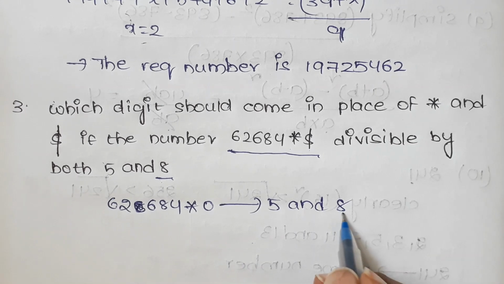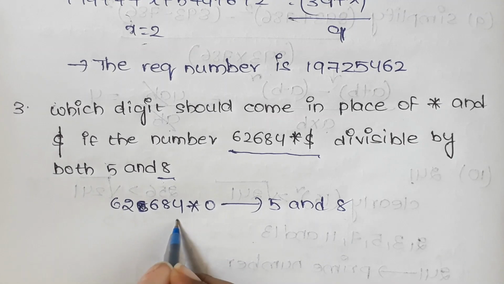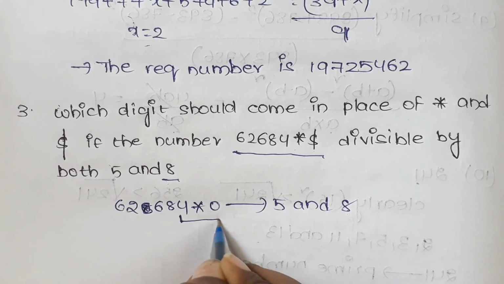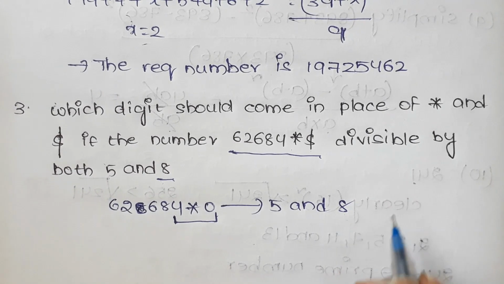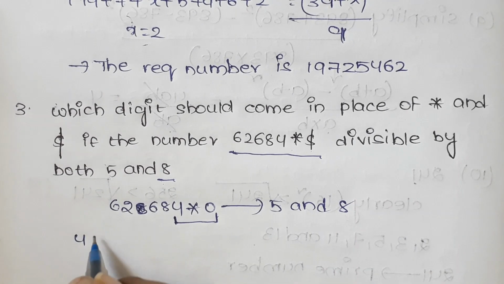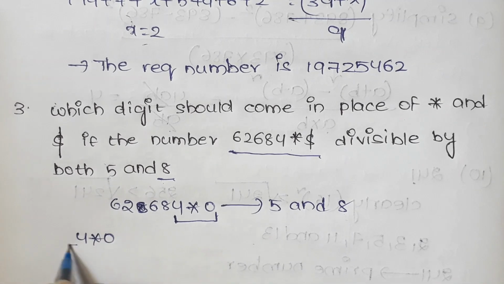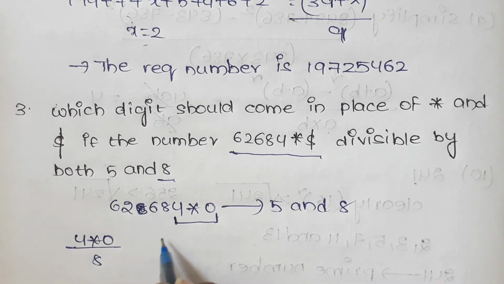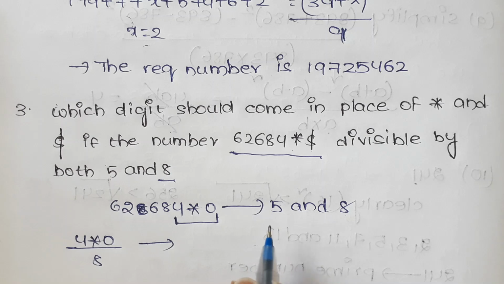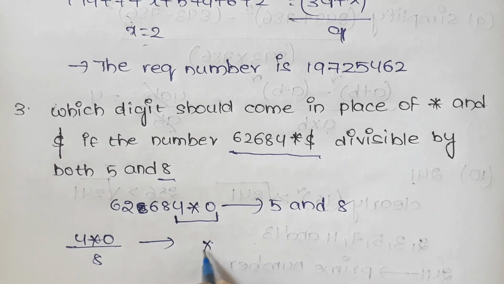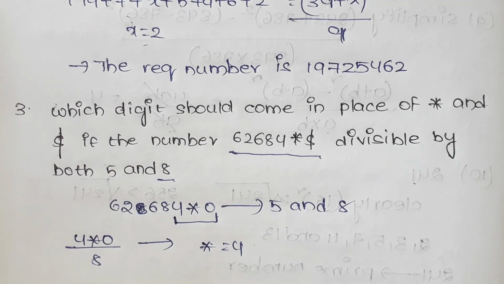Now it should be divisible by 8, so the last 3 digits should be divisible by 8. Here we have 4 star 0. If it is divisible by 8, then we should add there 4, that is star equals 4. Then only it will be divisible by 8.